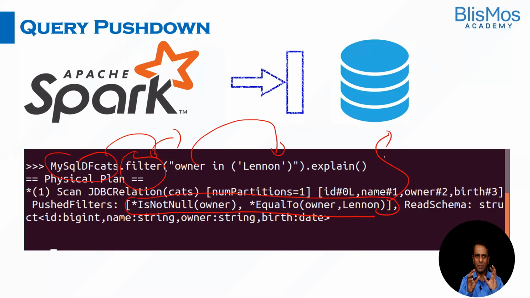So Spark has made an attempt and it has succeeded in pushing down the filter into the database and retrieving the records which are satisfying the filter condition and creating the data frame. This is Spark's best attempt to push down the filter into the database.